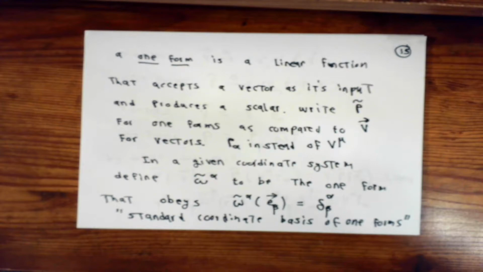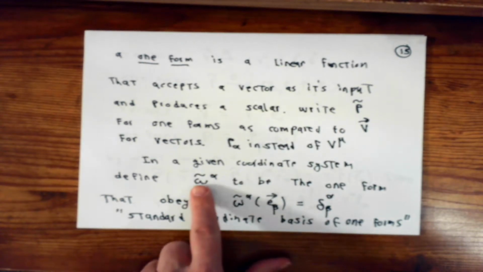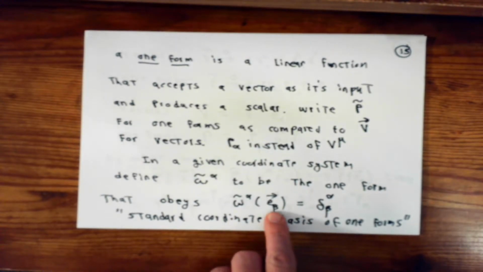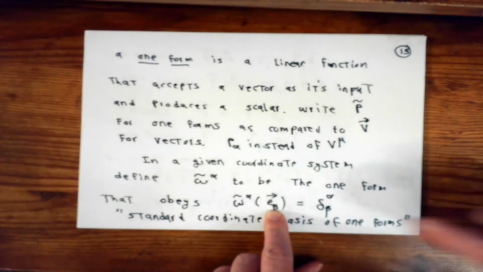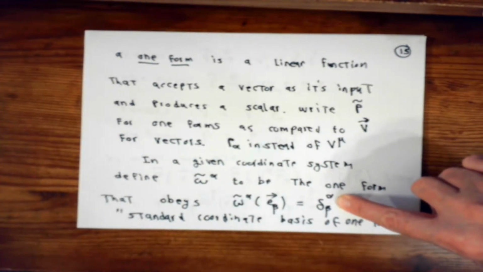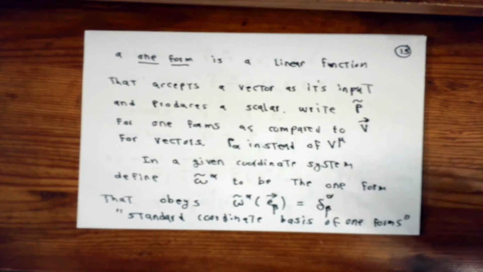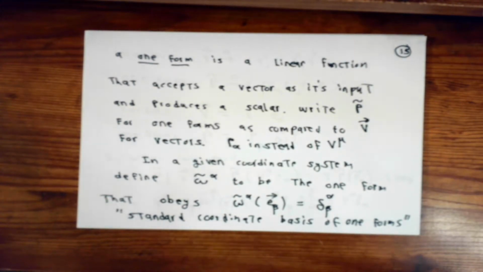Having cooked up the standard coordinate basis for the vectors, we're going to say that omega tilde alpha is the one form so that when I feed one of the basis vectors into that function, I either get 0 or 1. I get 1 if the two indexes alpha and beta are the same. I get 0 otherwise.